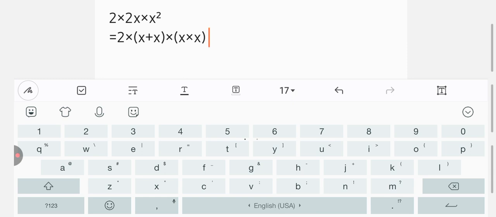When you unsimplify, you give the brackets. First simplify, then multiply with the 2 or x squared or x times x. So we have to use brackets when we unsimplify such terms in such expressions.